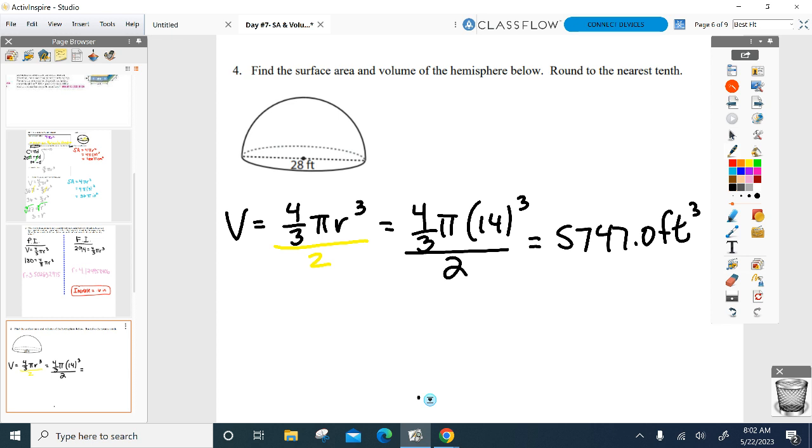Calculating that all right? Okay, everyone ready for surface area? Because I need you locked in here because it's not just going to be taking that surface area and dividing by 2. There's more to it.